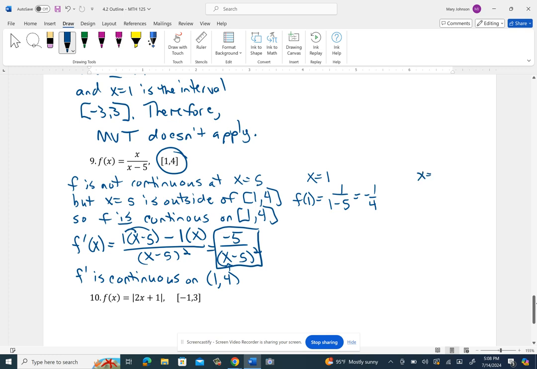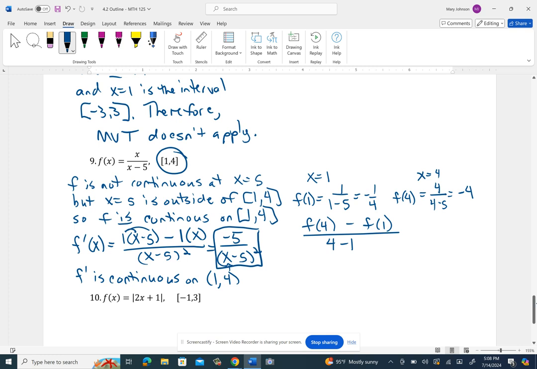And when x equals 4, the value of the function at 4 turns out to be 4 over 4 minus 5, which is 4 over negative 1 or negative 4. So let me double check those two. Yeah, good so far.